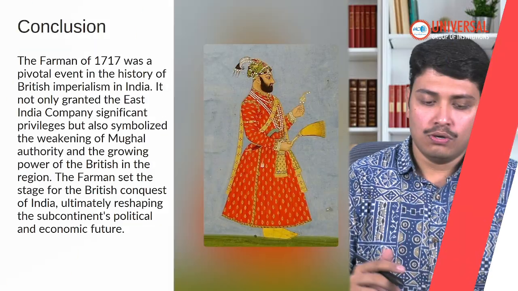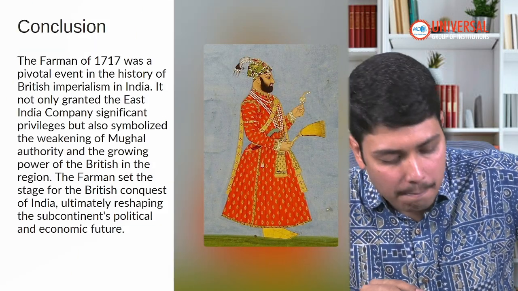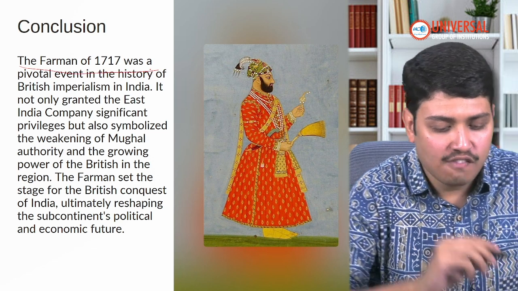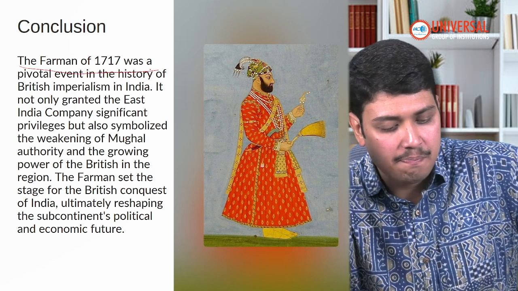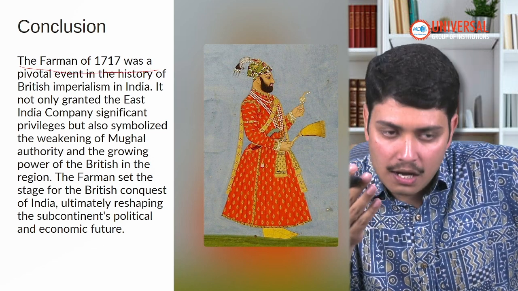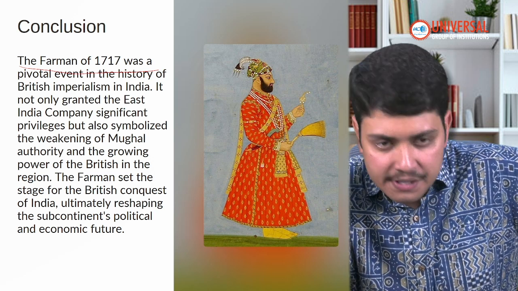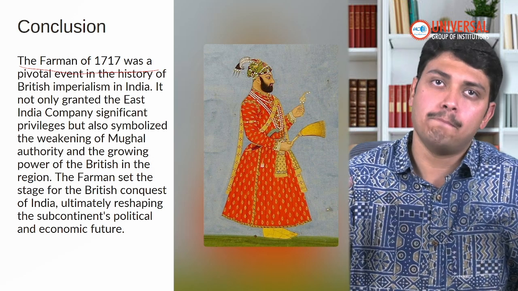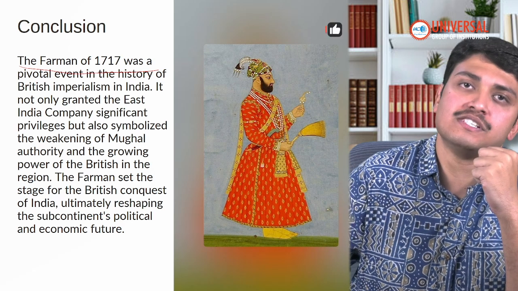So we have come to the concluding part. Farrukhsiyar's Farman of 1717 was a pivotal event in the history of British imperialism in India, because it created the bedrock for imperialism in India.